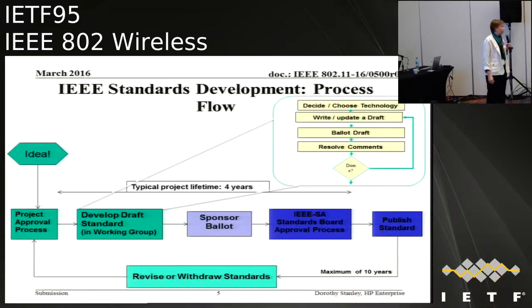After that occurs, then a standard is published. So it also says typical project lifetime of 4 years. Some amendments or developments take a shorter period of time, others take longer, but the initial authorization is typically for 4 years, and you're expected to finish in 4 years or have a good reason why you should get an extension.